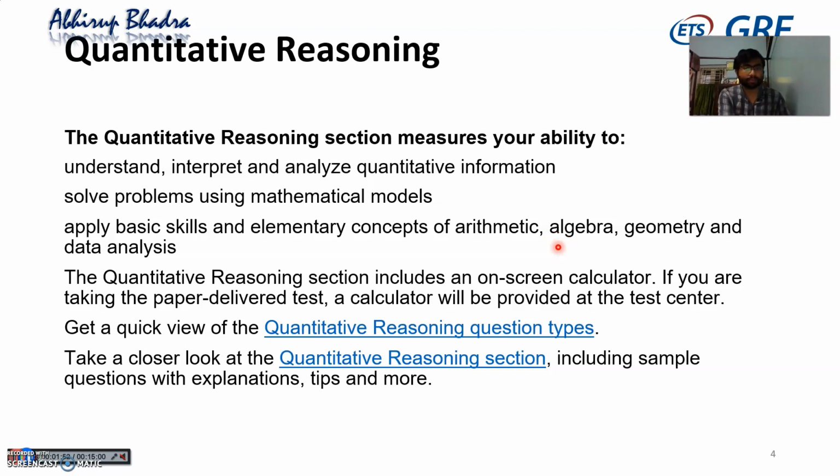For the paper delivered test, a calculator will be provided, but in India only the online test is available, so you will have the on-screen calculator. Those who have experience with JAM will know that kind of calculator, but simple. The concepts are arithmetic, algebra, geometry, and data analysis, which means basic statistics, I would say.